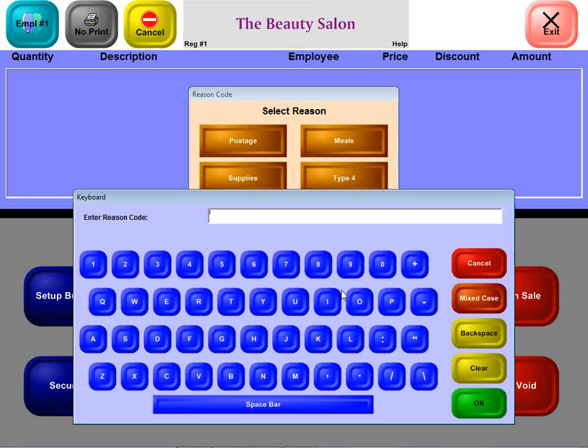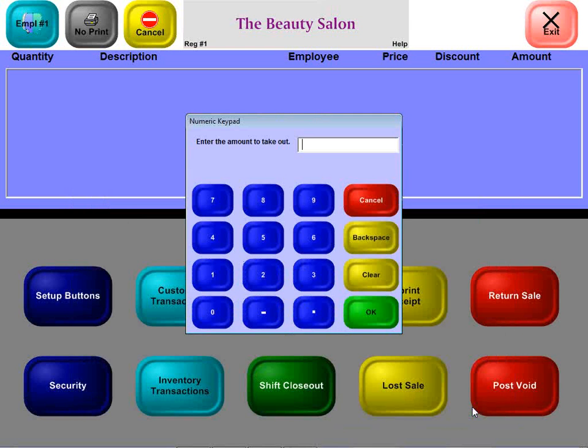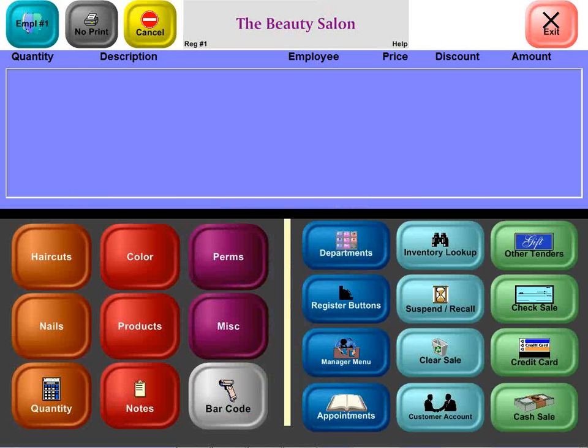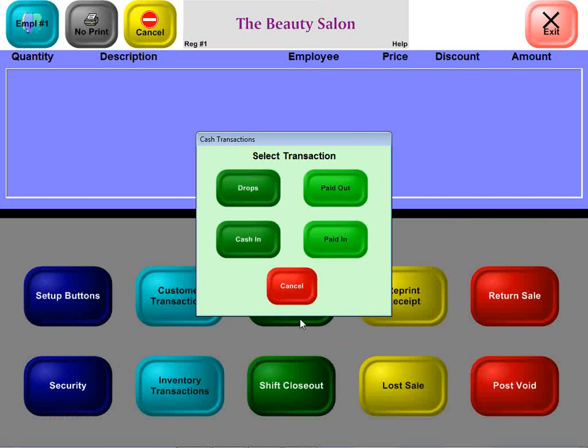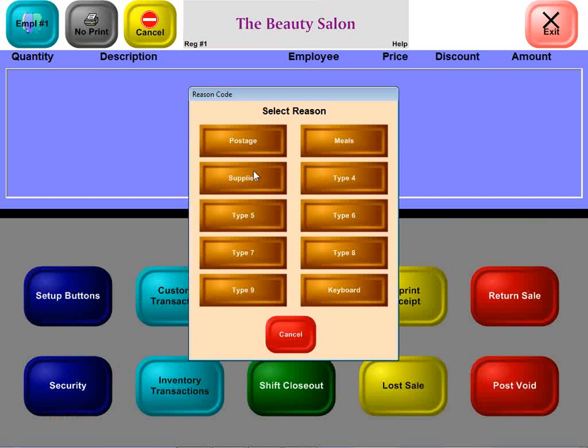So if it's not one of the above ones, you can type in a lot of characters. Just say stealing, and I'm going to take out $10. You can do that. Or, much more commonly, you wind up using one of the predefined things like, hey, I'm paying for supplies.